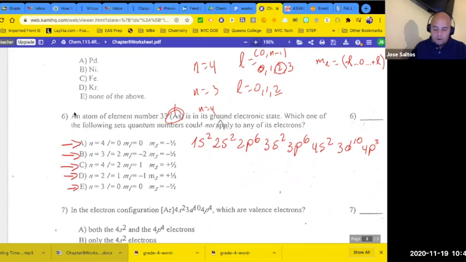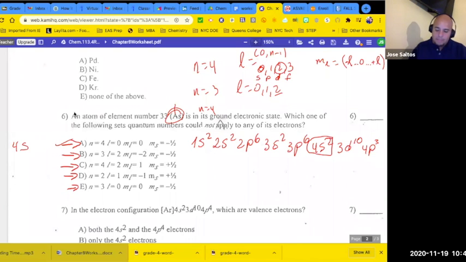So for A, we put our first number, the principal quantum number, so it will be 4. And for values of L, we have the s shape, p shape, d, and f shape, right here on the top. So for L equals 0, this is a 4s, and yes, we do have a 4s, so this can apply.